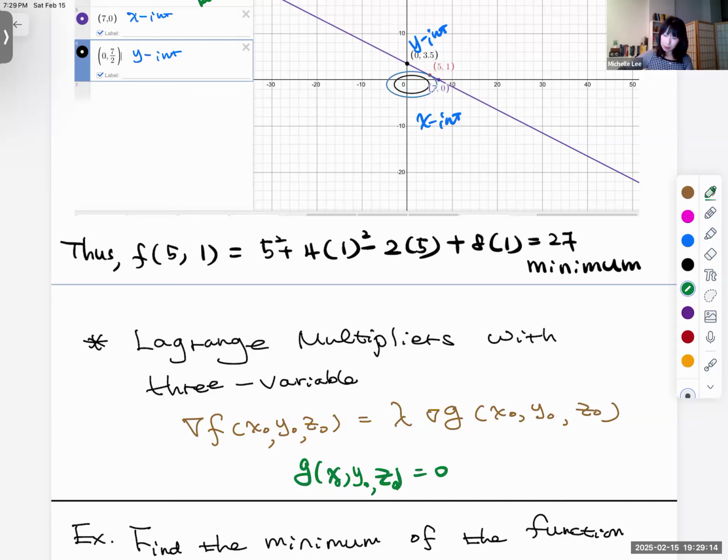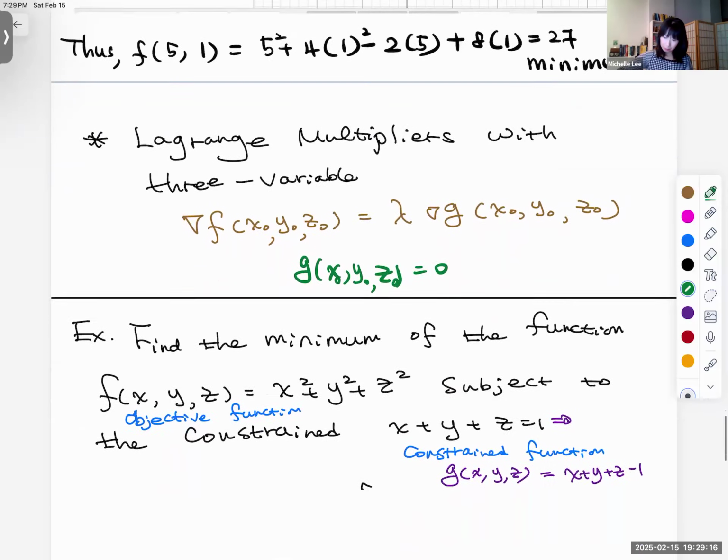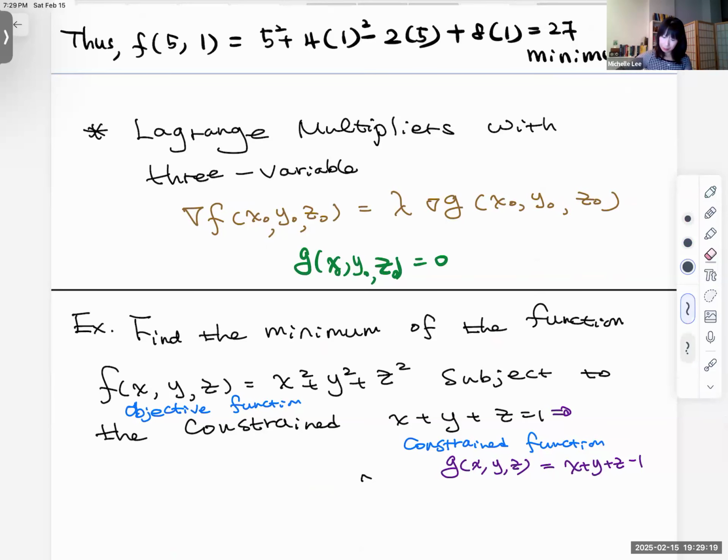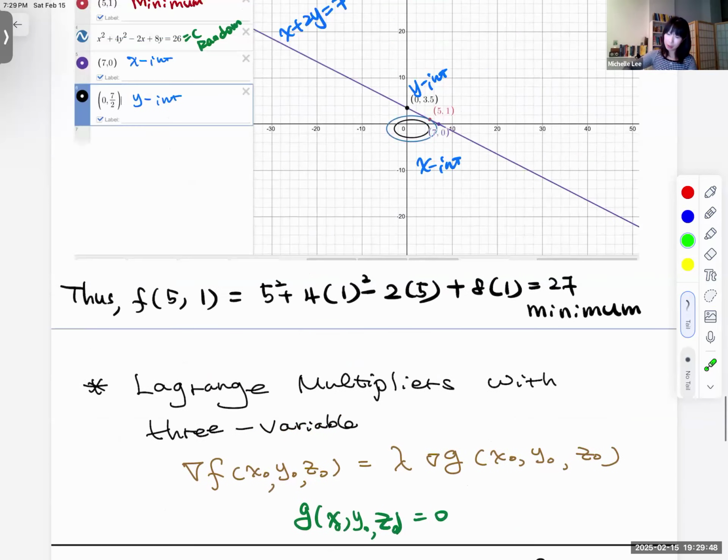Okay, let's do this example. So we have an objective function and a constraint function. From this constraint equation, we make a constraint function using function notation, which is g of x, y, z, equal to that, right? All right, now we are using the same strategy. What was the strategy?